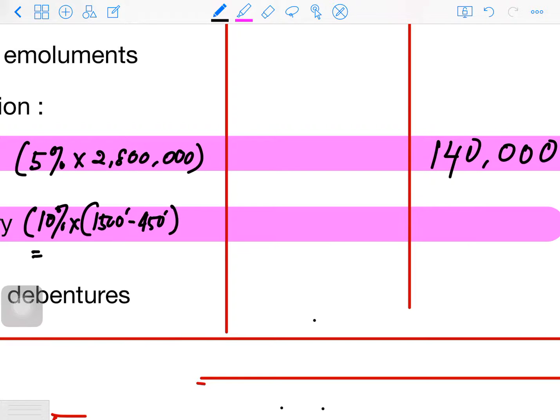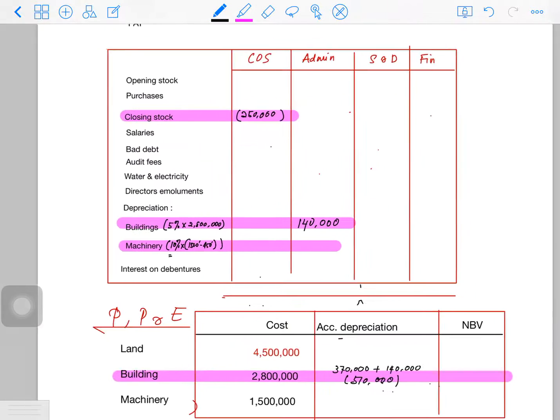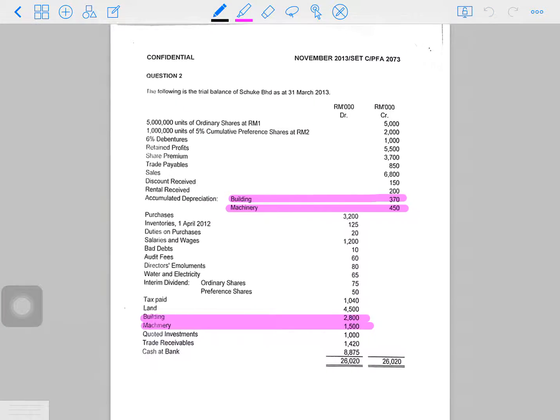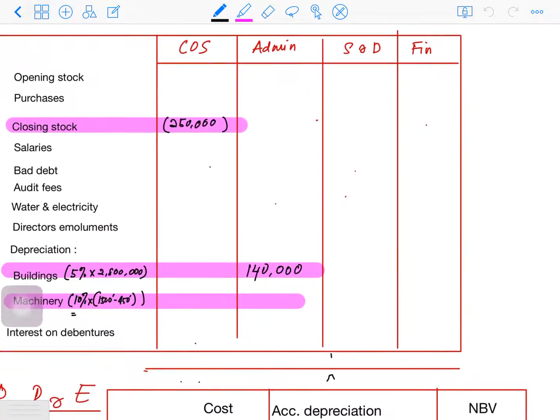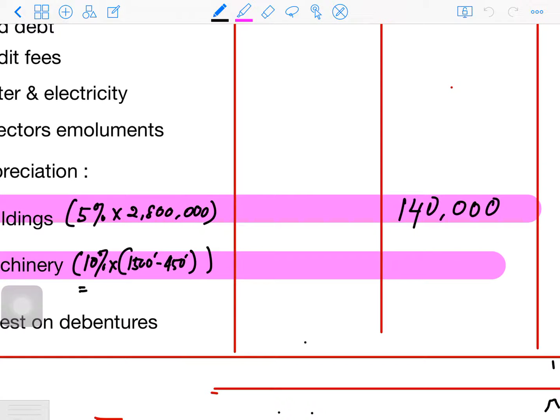So how much do you get? 1,500,000 minus 450 gives 1050. 1050 times 10% gives you 105, right? 105,000.